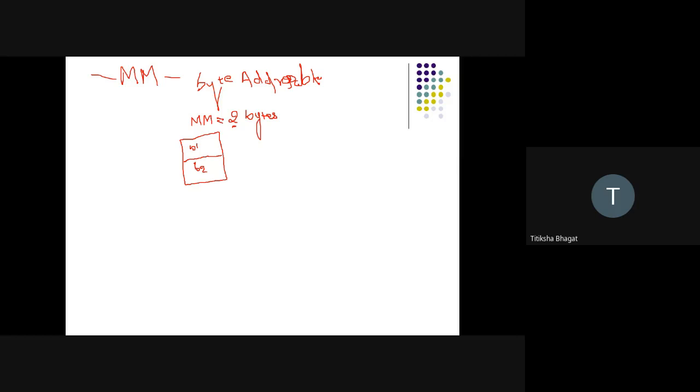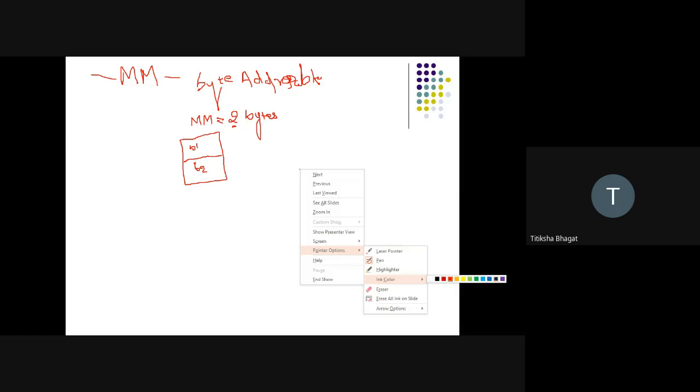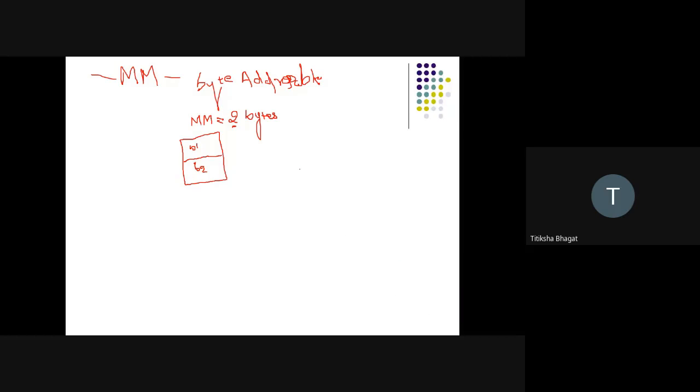Now if I want to assign a unique address to these memory locations, a unique address to this byte 1 and a unique address to this byte 2, then how many bits will be required? This is the question.